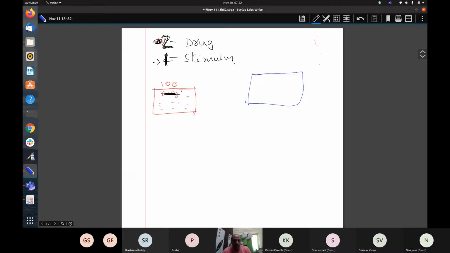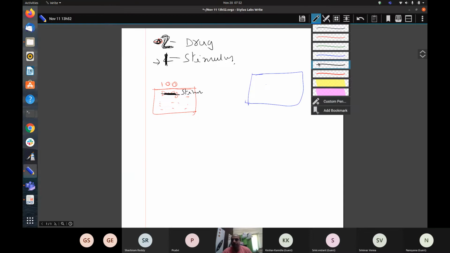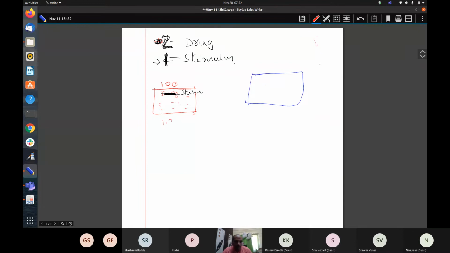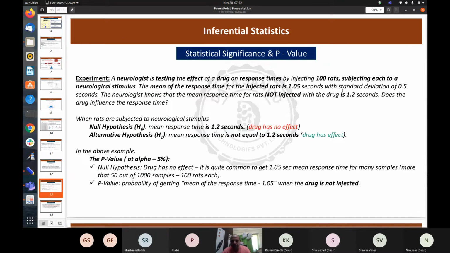When only the neurological stimulus was given, the response time was 1.2 seconds, with a standard deviation we don't know.